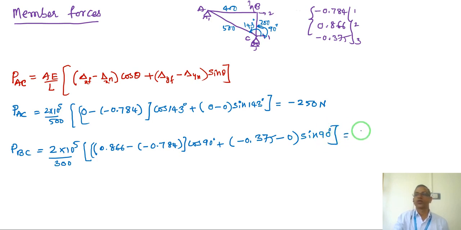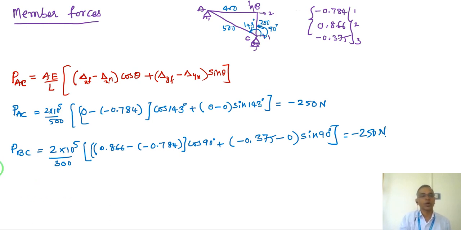Cos 90 is 0, everything goes, sin 90 is 1, so I will get minus 250 Newton.